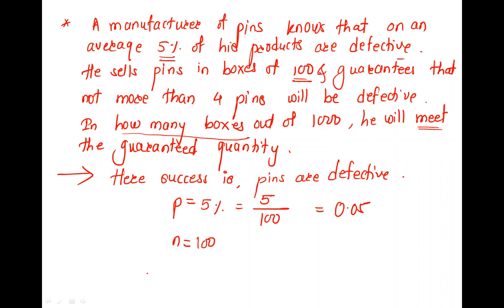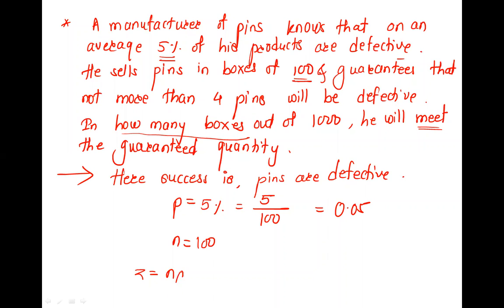Now, is it given to use Poisson's distribution? No, nowhere is it written to use Poisson. So why are we using Poisson's here? P is very small and N is large, very large according to this. So we use Poisson's.